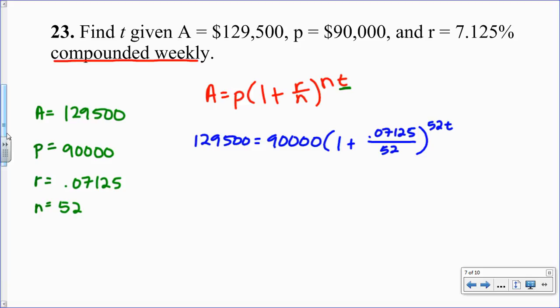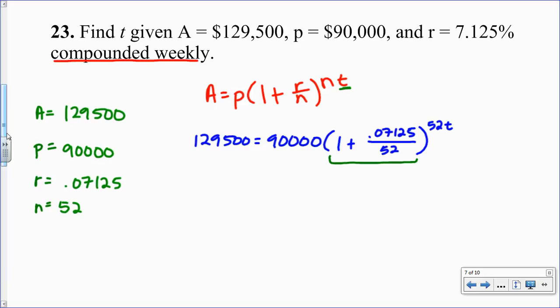All right, after I plug them in, I kind of want to look ahead at what I need to do to solve this. I see that my variable is in the exponent. So I'm going to have to do the inverse of an exponential function, which means the log, in order to bring that exponent down. First of all, I see that this here is my base of that exponent.